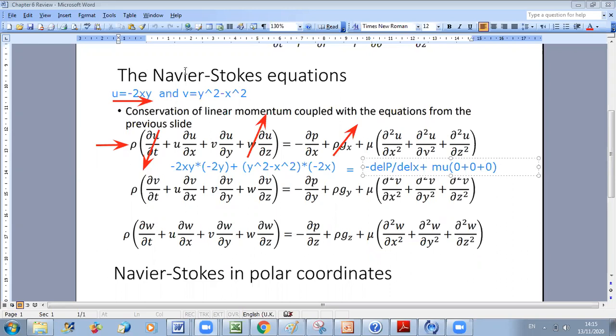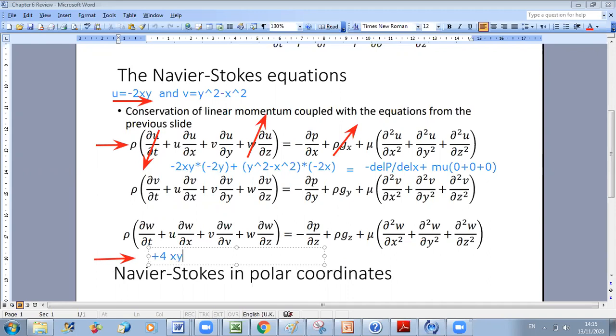Okay, so now what do I have? If I write my equation here, let me do the development. I will continue the development here. I will do minus 2xy times minus 2y. So I will get plus 4 times x times y square.